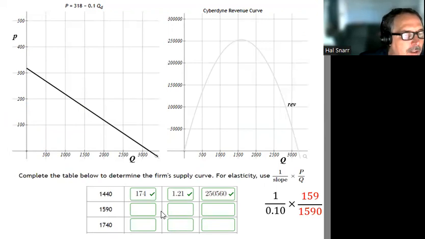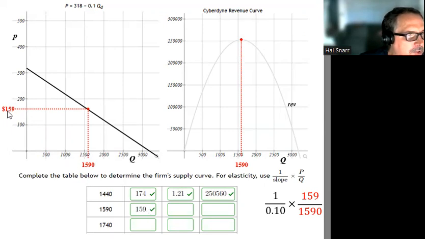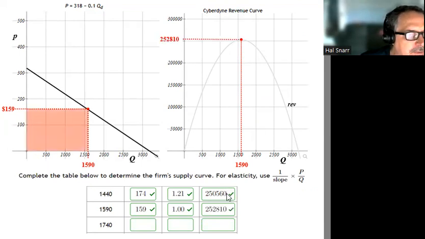Now, if the company lowers its price to 159 from 174, it'll sell a few more units. The elasticity falls to 1.00, and the revenue peaks at 252,810. So as we lower the price, the quantity rises along the demand curve, elasticity declines, revenue rises.